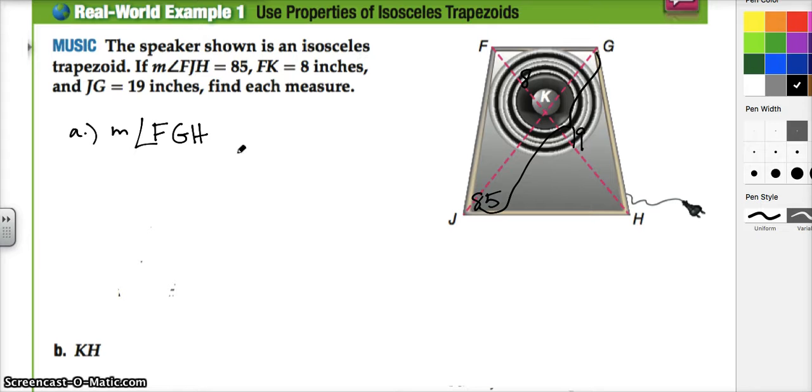So let's go ahead and redraw this really quickly. One bit of information is that we know it's an isosceles trapezoid, so the base angles are congruent to one another.